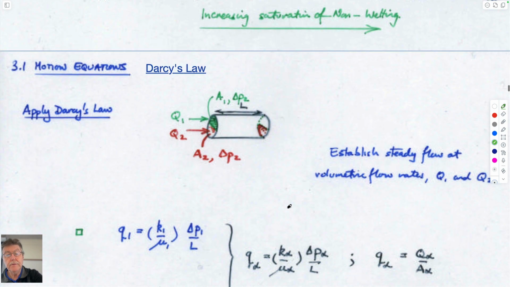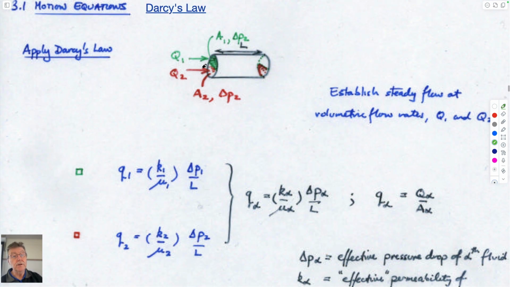So if we want to be able to evaluate how flow occurs within the system, the easiest way for us to do it is to divide it into a portion which is saturated with the non-wetting fluid, fluid 2 in this particular case, and the wetting fluid. We can get the flow that is occurring. I guess I've switched these, no, okay.